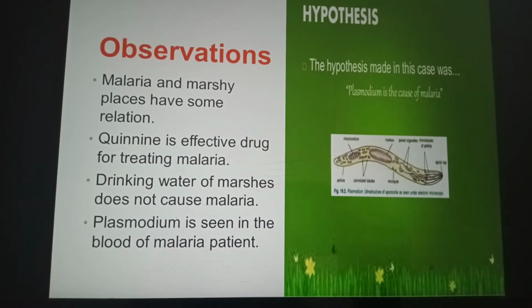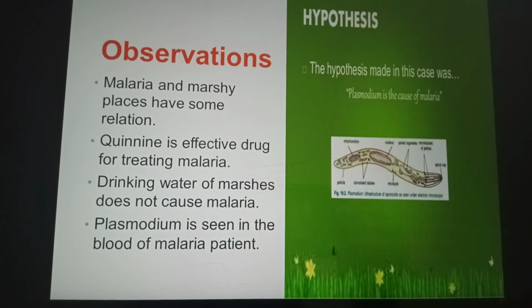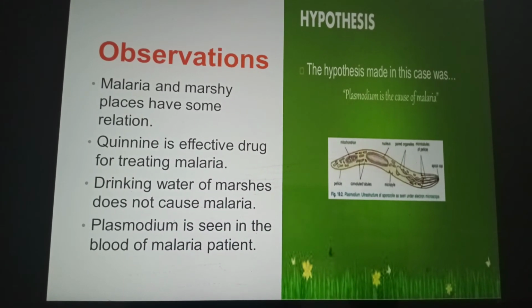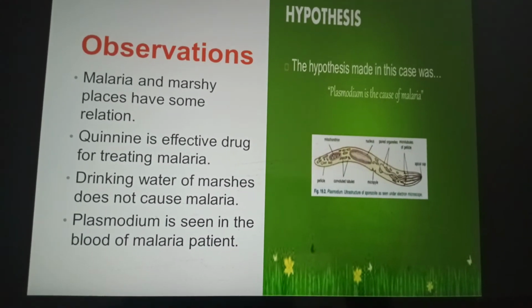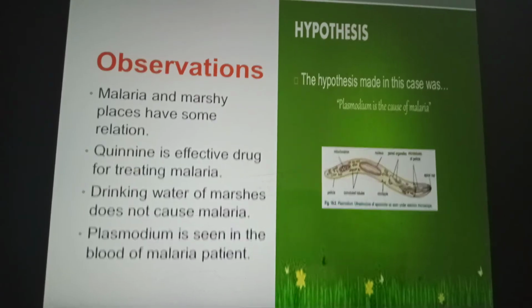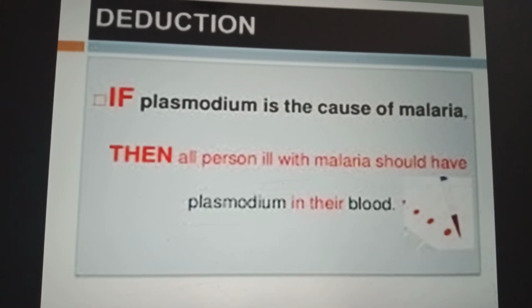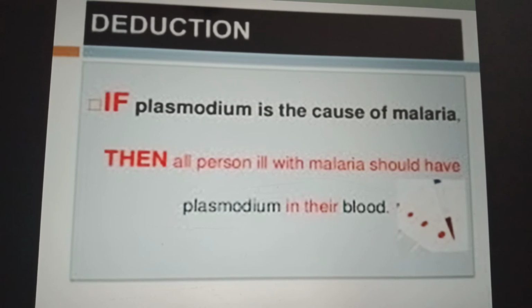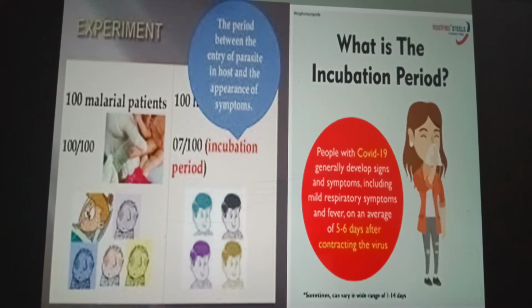We know that a scientist uses whatever information and observations he has and makes one or more hypotheses. The hypothesis made in this case was Plasmodium is the cause of malaria. One of the deductions from the above hypothesis was if Plasmodium is the cause of malaria, then all persons ill with malaria should have Plasmodium in their blood.